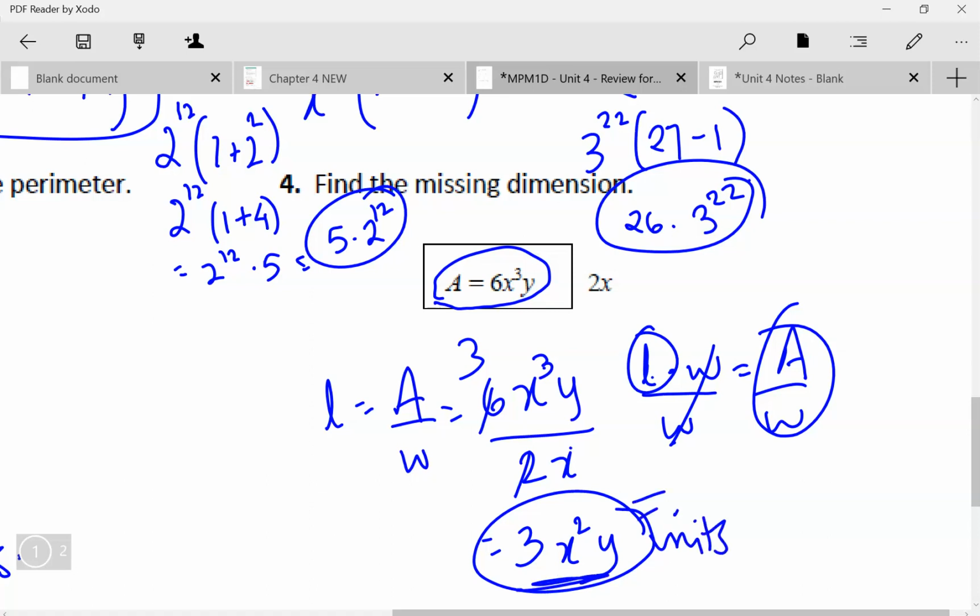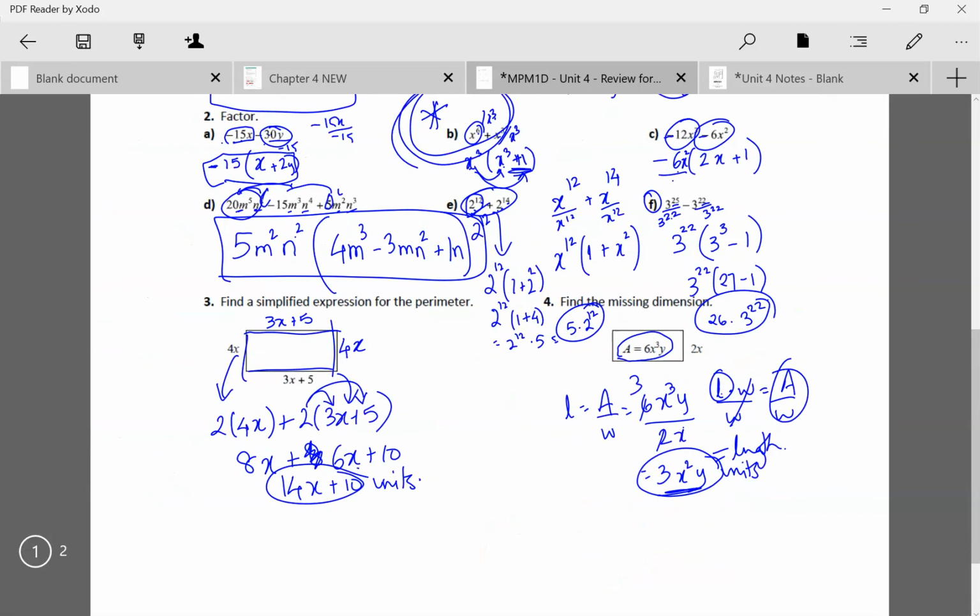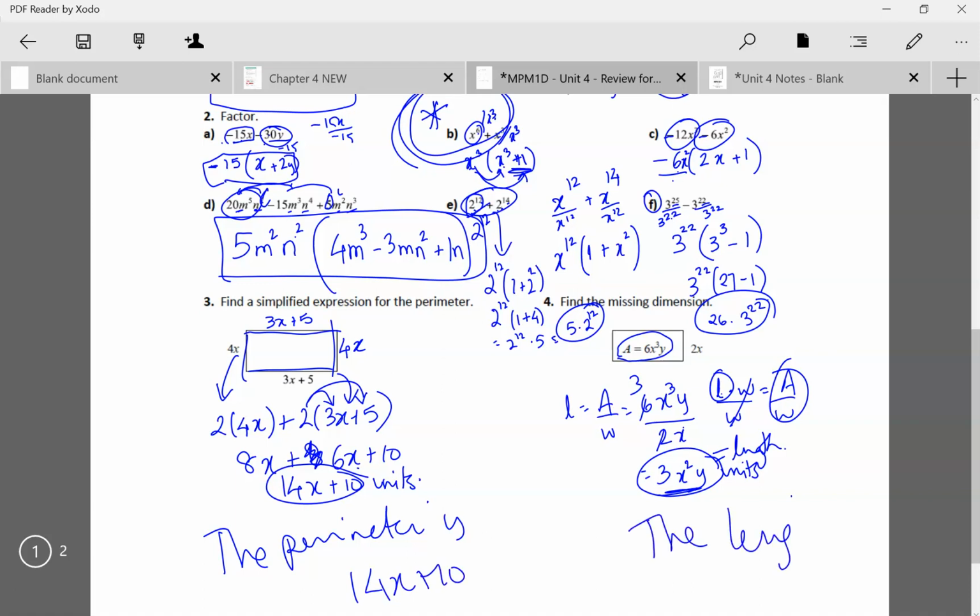This is the expression for my length. Again, whenever you have a problem with context, this is not technically a word problem, you should be giving a therefore statement. The perimeter is, the length, or missing dimension is, something like that, just so that you know.